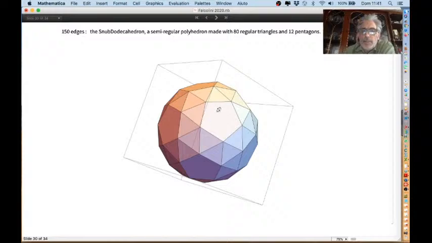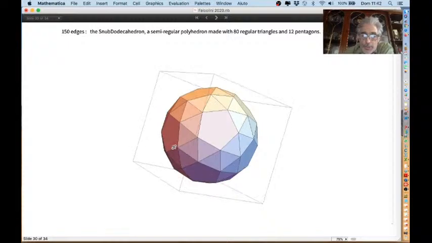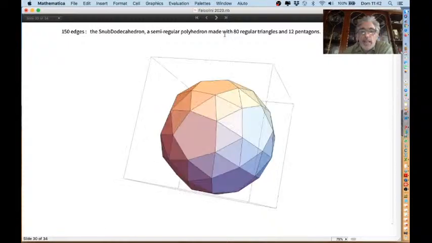You can see regular pentagons and faces with regular triangles, 80 of them, and 12 pentagons in this semi-regular polyhedron. In fact, they are called Archimedean. So it has 150 edges. If you make the calculation by the other formulas, you can get it, or if you try to count directly, you get this answer.